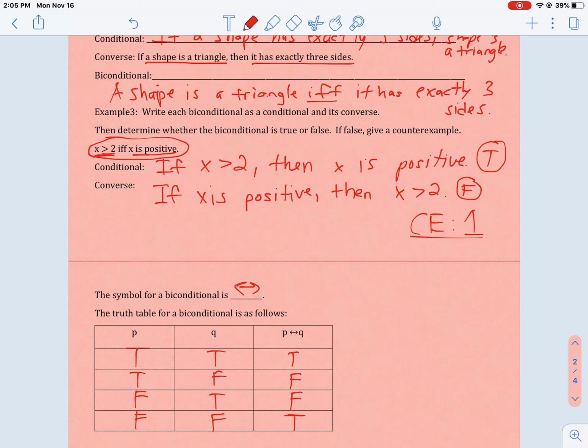Actually, let me put it this way. We know this biconditional is false, since I gave a counterexample to show that one of these conditionals is false. As far as the truth table goes, honestly, you don't have to worry about that at all. I'm not going to go down that rabbit hole.